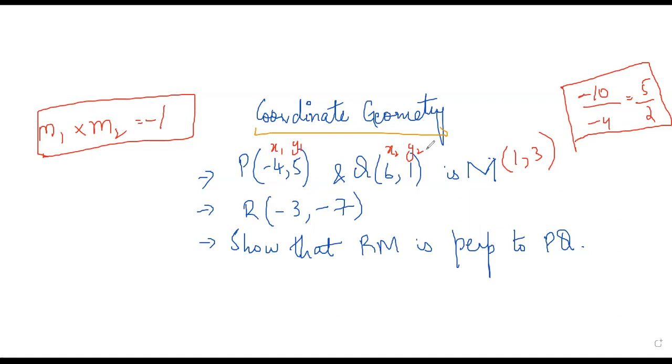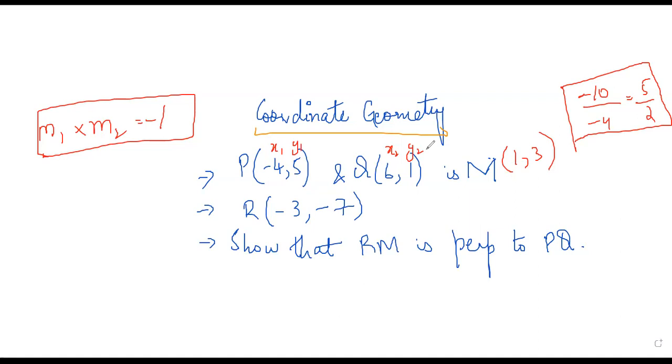It's for the first one. It's -2 over 5, sir. So now put them in this equation. Are you getting -1? Okay. M1 times M2. So it's -2 over 5 times... Yes, we are getting -1.